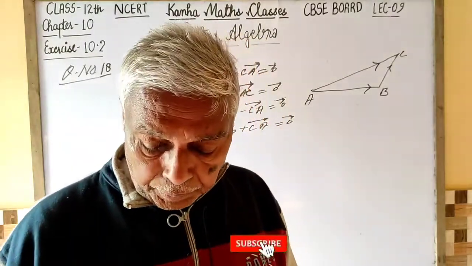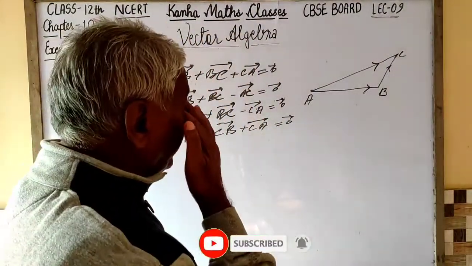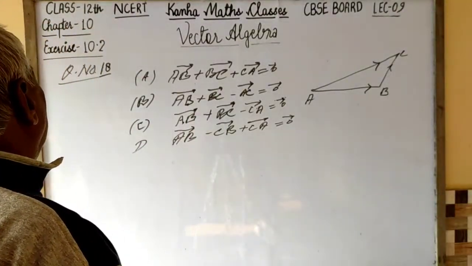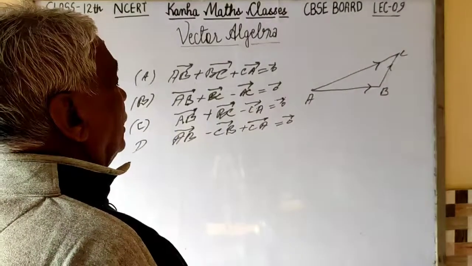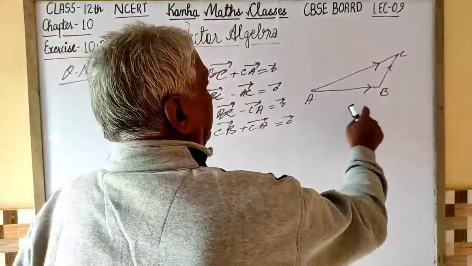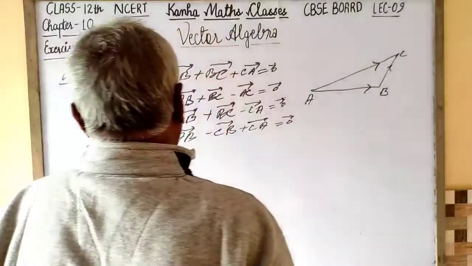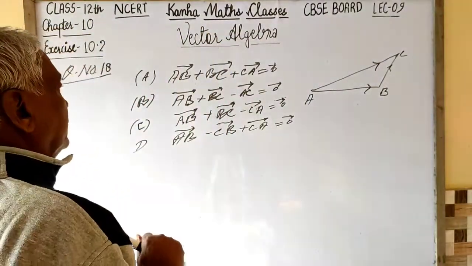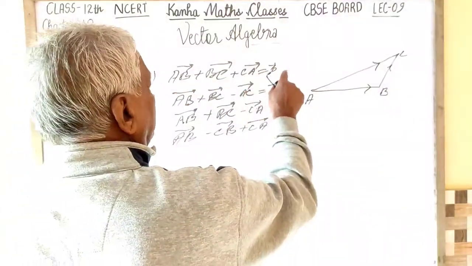In the continuation of the previous video, we are going to try question number 18 under exercise 10.2. Here we have given vectors AB, BC and AC, and there are four options for the answer. The first option: AB plus BC plus CA is equal to 0.